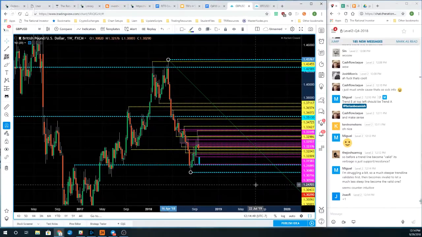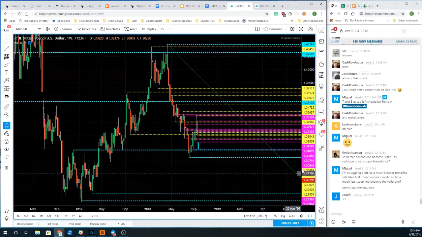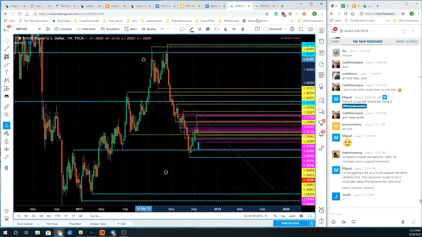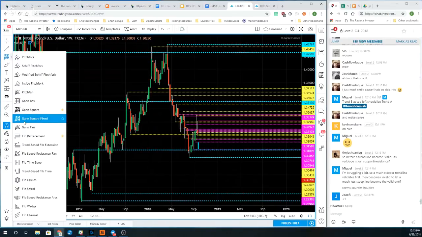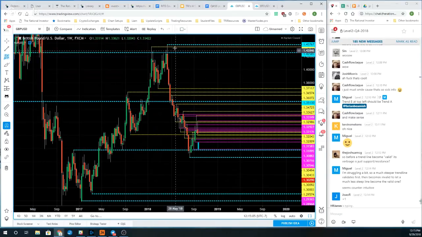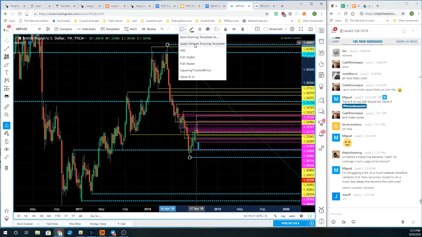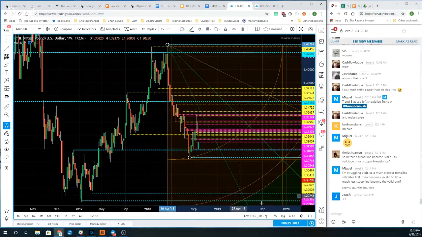So what I've done here is I've set the scale to a nice round number, 0.002. The scale has been locked. So now when I draw my Gann square, and we want to use the square that's fixed, there are the defaults, it looks like that.